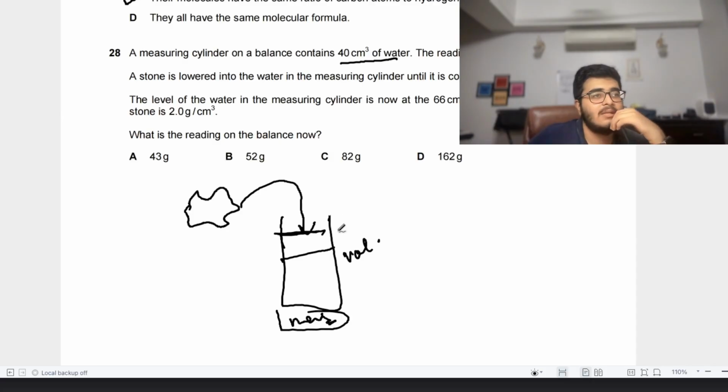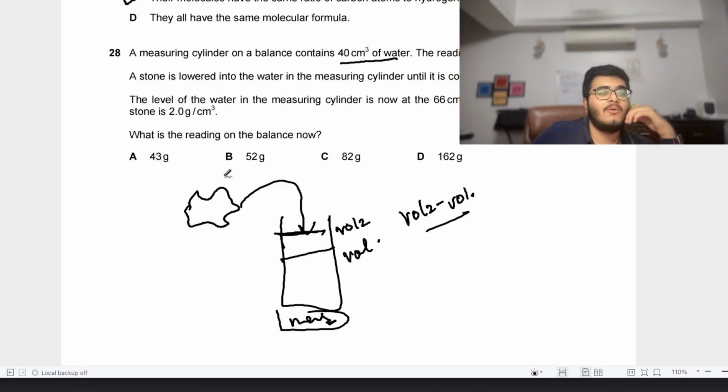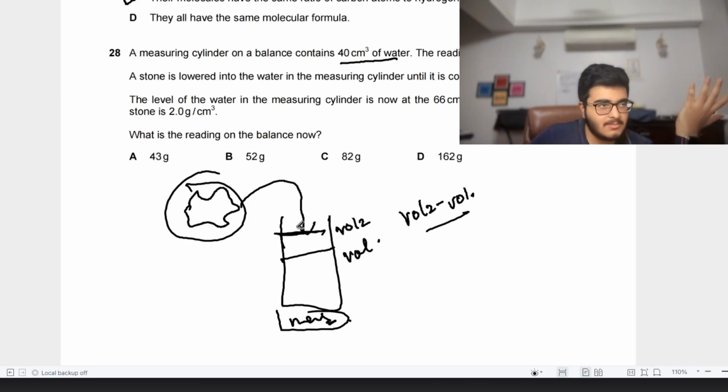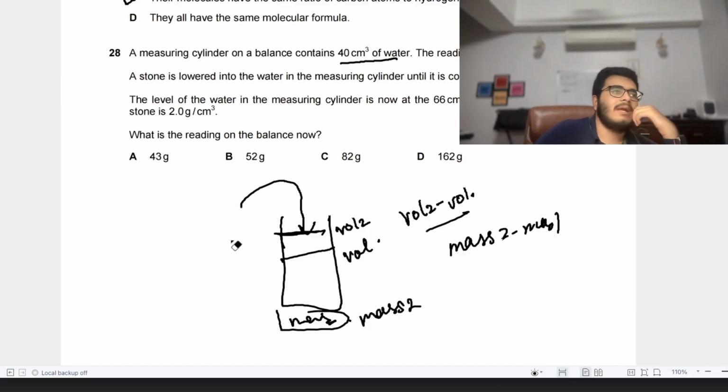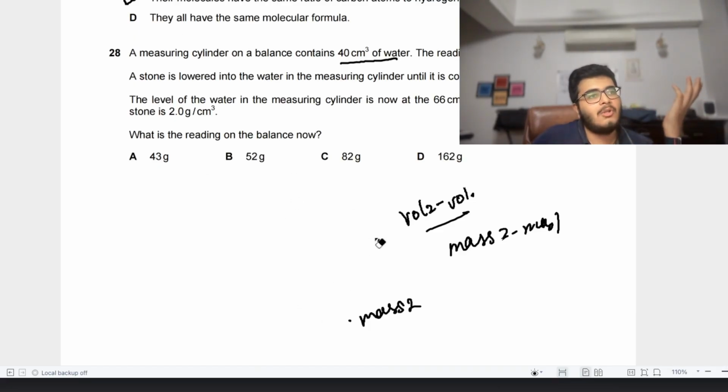This is volume 2. When we subtract the initial volume from volume 2, we get the volume of the object. Same with the mass: after dipping the object, we calculate the mass, and subtracting mass 1 from mass 2 gives the mass of the irregular object. This is the way to find the density, mass and volume of an irregular object.